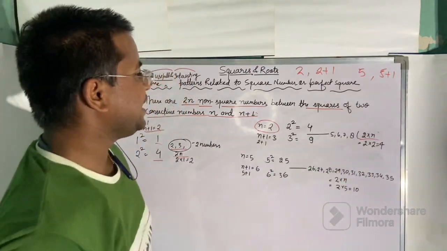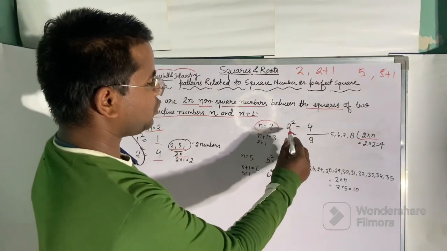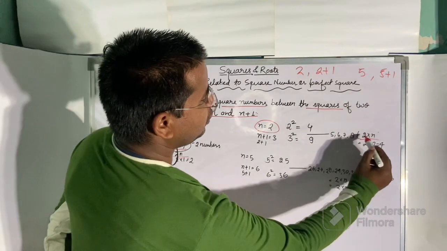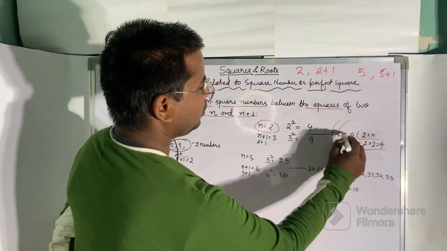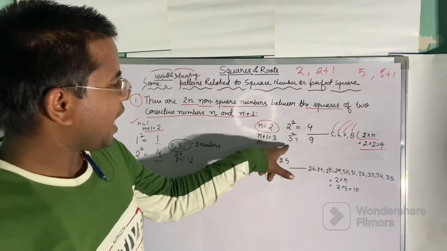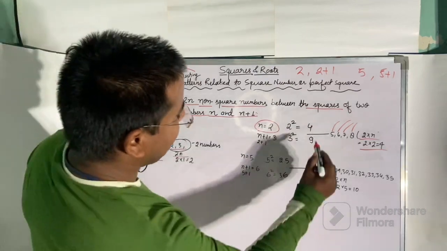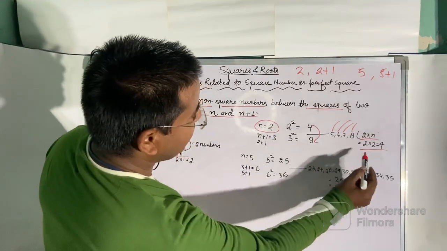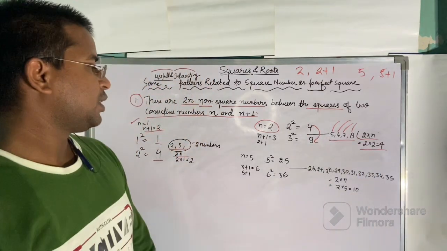So how many non-square numbers are between 2 square and 3 square? 2 multiplied by 2, that means 4: 1, 2, 3 and 4. If you find the square of 2, it's 4, and the square of 3 is 9, and between 4 and 9 there are 2 multiplied by 2, that means 4 numbers.